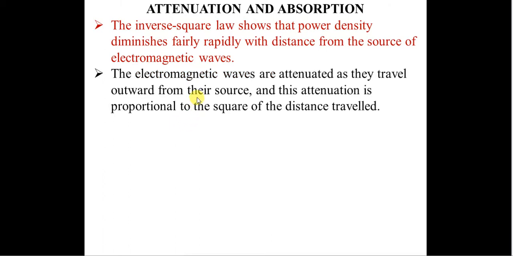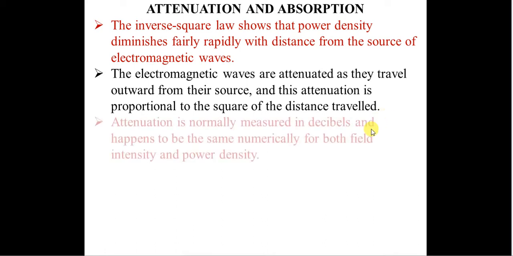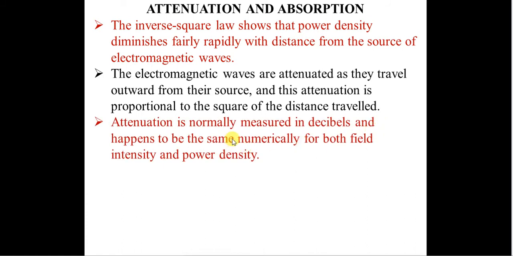The electromagnetic waves are attenuated as they travel outwards from the source, and this attenuation is proportional to the square of the distance traveled. Attenuation is normally measured in decibels and is numerically the same for both field intensity and power density.